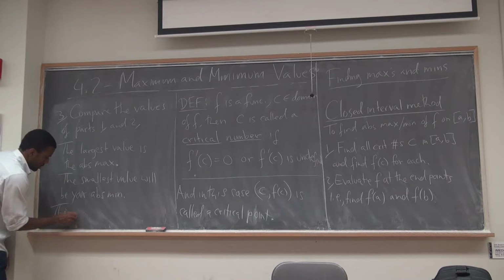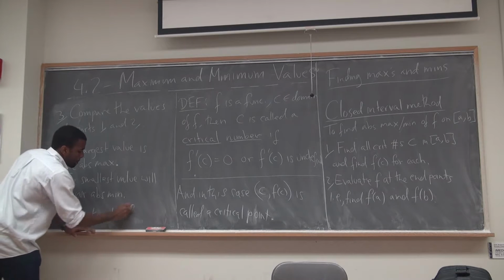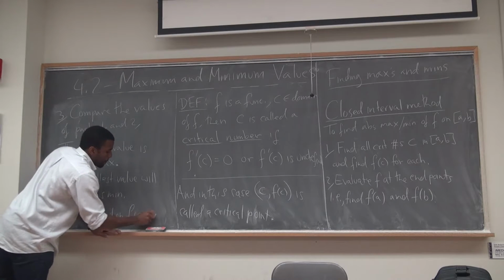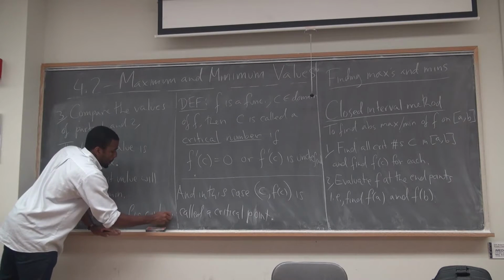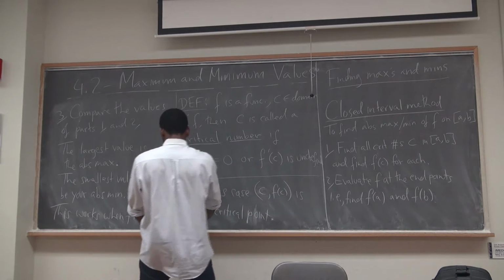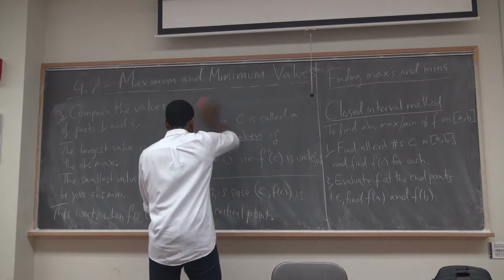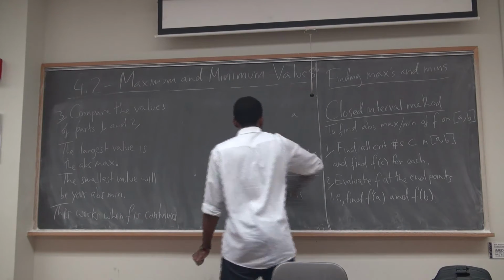Forgot to mention this earlier. This works when f is continuous. Right, this is called the closed interval method. This is actually a method to find an absolute max or min of a continuous function on a closed interval.